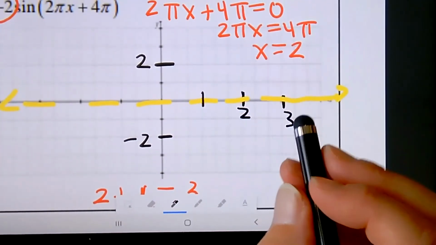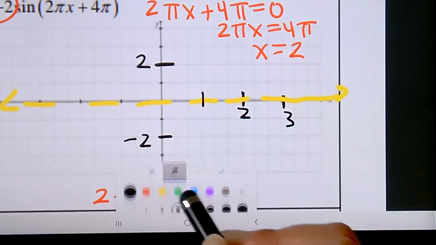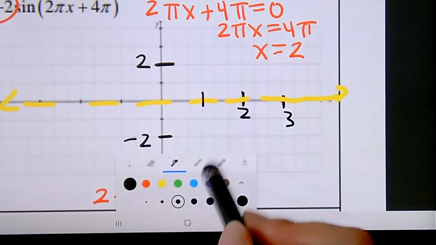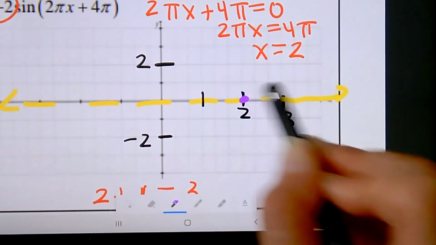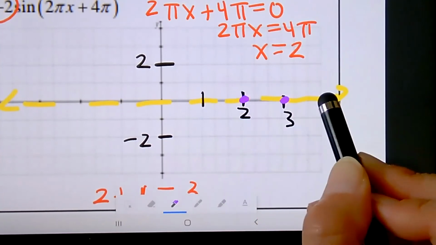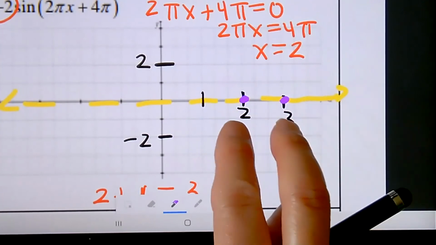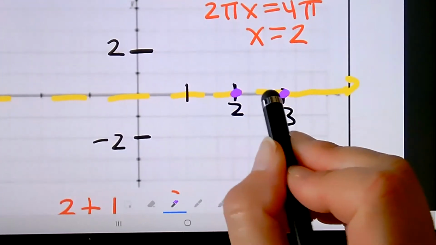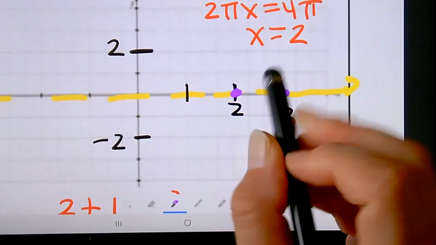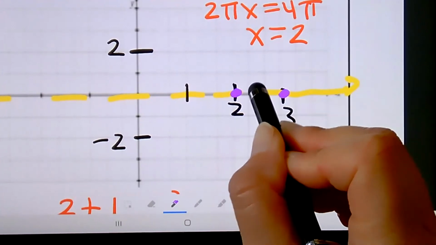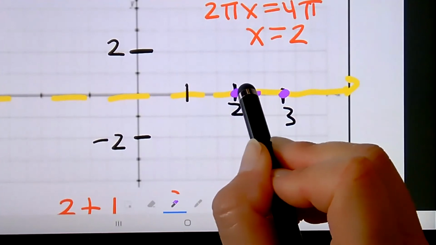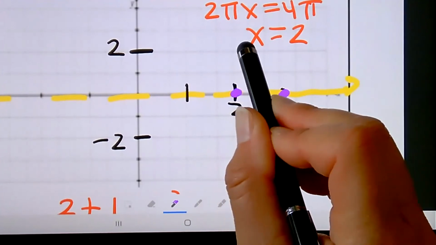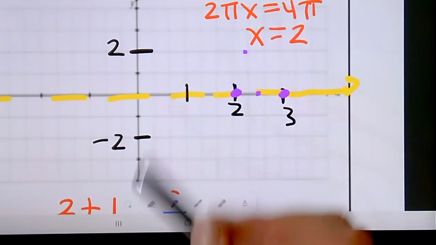And for my graph, since I got a lot of red there, I'm going to do it in purple just so we can see it. I'm starting here, ending here. Halfway in between, maybe about here, I'm going to be at 0. And then halfway in between those, maybe about right here, I'm not going to go up.